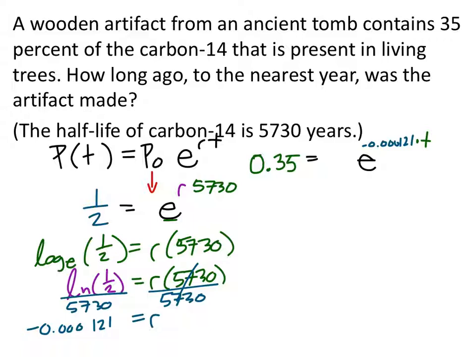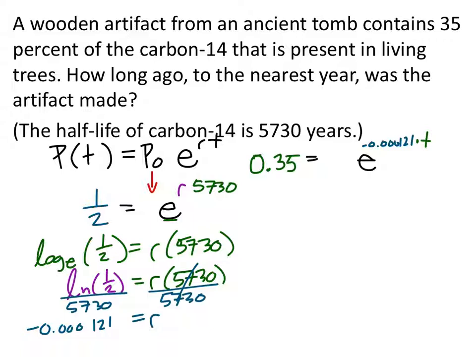What percentage of the object did we have to start with? We had originally 100%, which is 1. And the good thing about 1 being an initial value is I can make that a phantom 1.